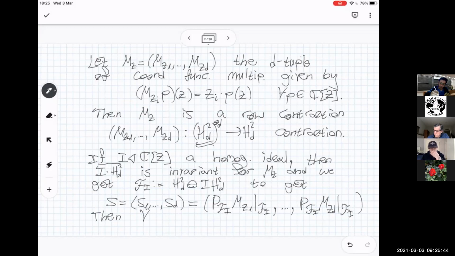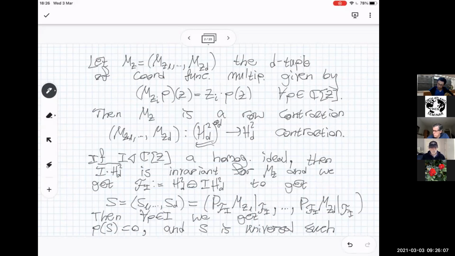Okay, so let me write that down then. So first of all, for any polynomial p in I, we get that p(S) is equal to 0. And S is universal such. Okay.